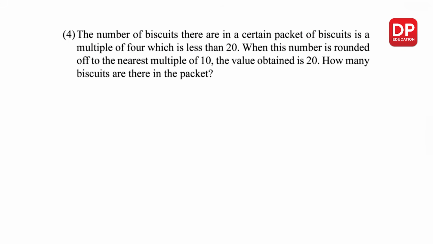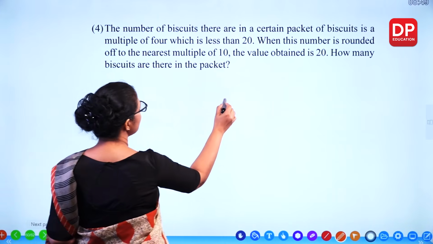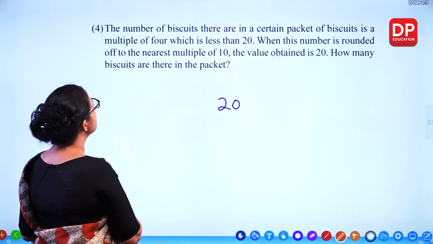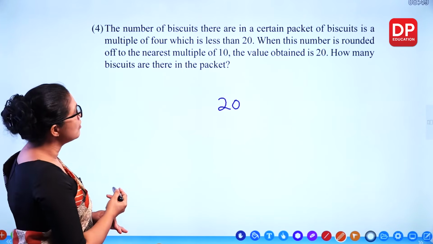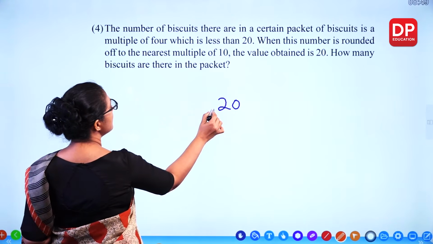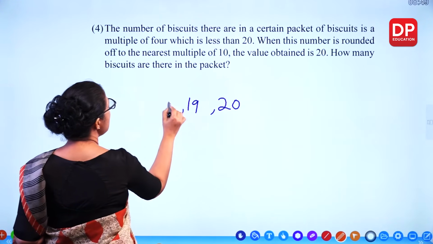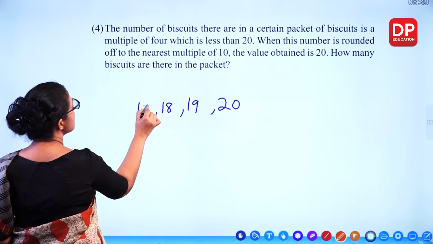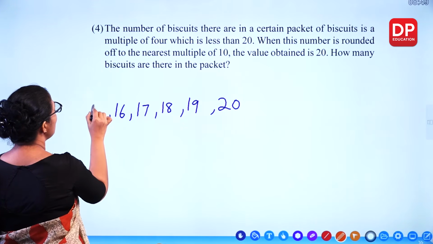Question number 4. The number of biscuits in a certain packet of biscuits is a multiple of 4, which is less than 20. When this number is rounded off to the nearest multiple of 10, the value obtained is 20. How many biscuits are there in the packet? So, this number is less than 20. So, what are the possibilities? You can get 19, 18, 17, 16 and 15.